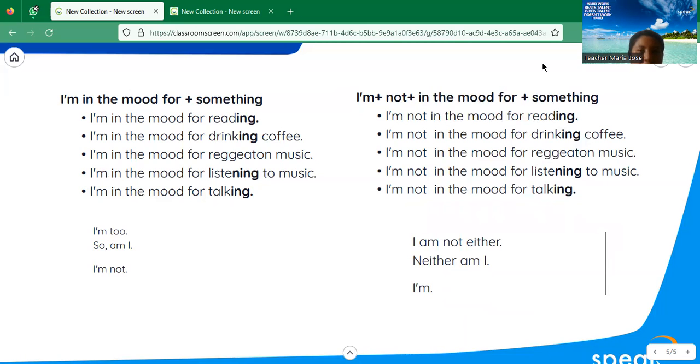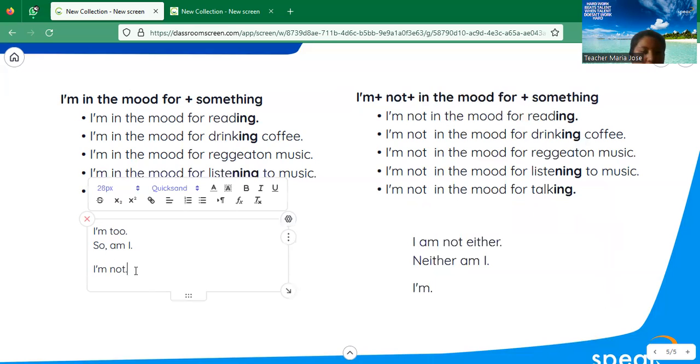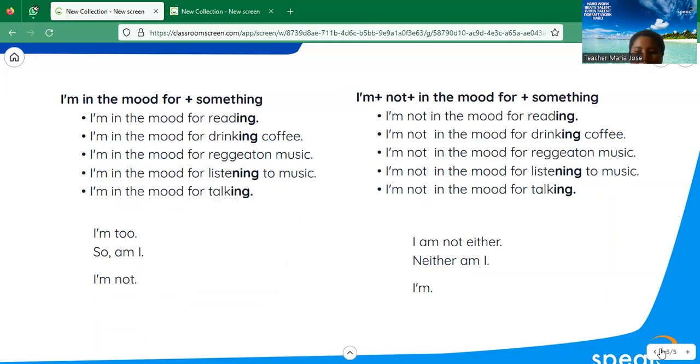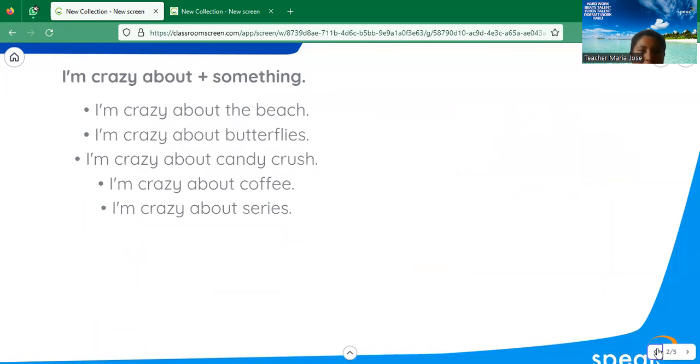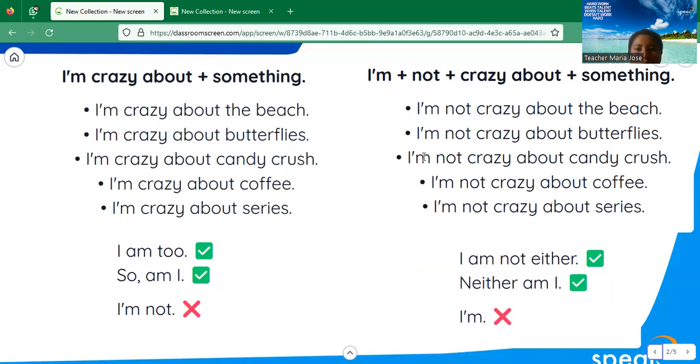Okay, now let's practice with the different expressions that we have here. I'm just going to make them bigger for you to see them better. Okay, let's begin with this one. Tell us something that you are crazy about, like right now in the present.